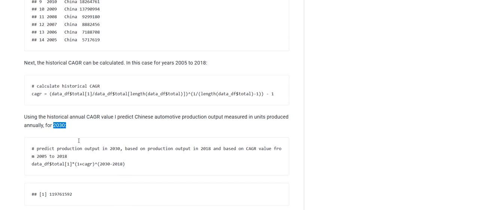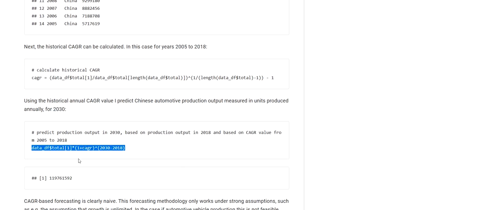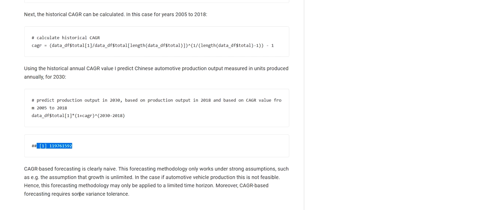So this is what I'm doing, this line of code, and based on that simple forecasting model, the expected production output in year 2030 for Chinese automotive industry would be provided here. This is of course a very simple forecasting method, and also to a certain extent a very naive forecasting method.